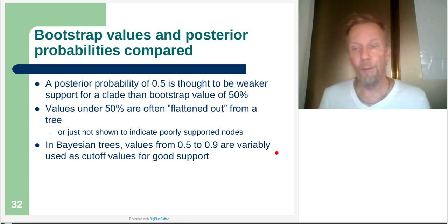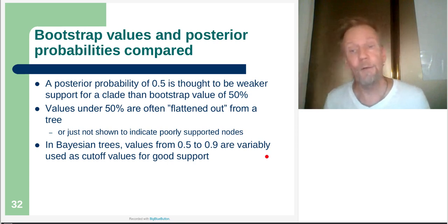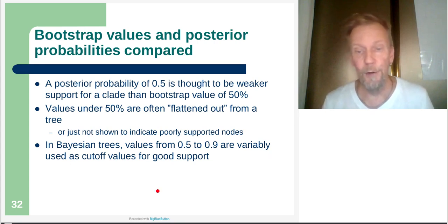Some people use 0.5, some people use 0.75, some people go as stringent as 0.9. But definitely anything which has a support of 0.9 or higher is a very highly supported node in a Bayesian tree.